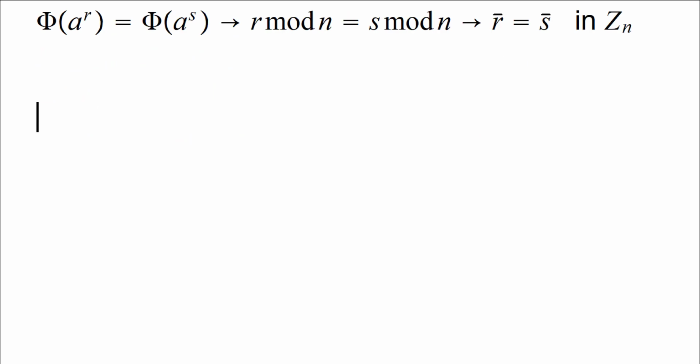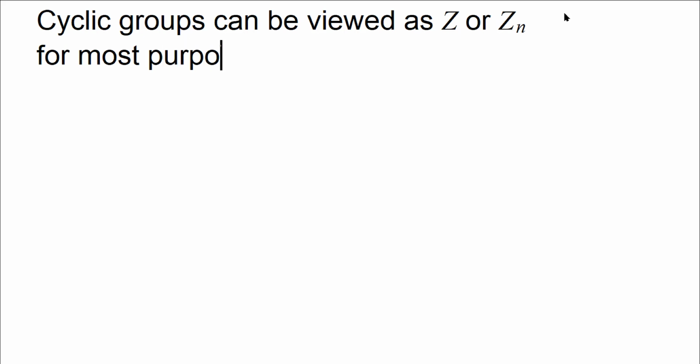What we just saw was that all the cyclic groups can be viewed as Z or Z modulo n for some positive number n, for most purposes. And we will go ahead and narrow this down further in future presentations.